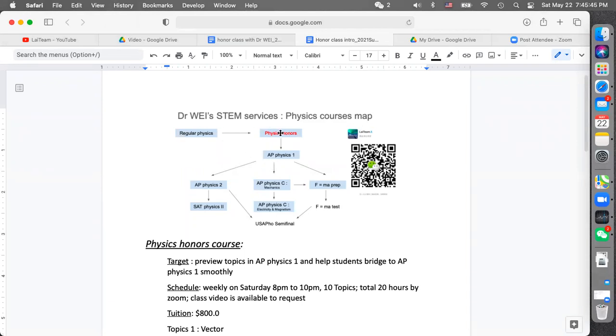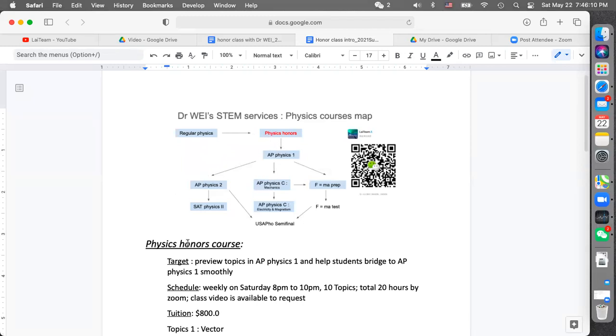We are kind of going from regular physics to AP Physics 1, but I do have a question: if I'm not very solid in regular physics, am I ready to take this class? My answer is yes. Like I said, the focus of the class is fundamentals.